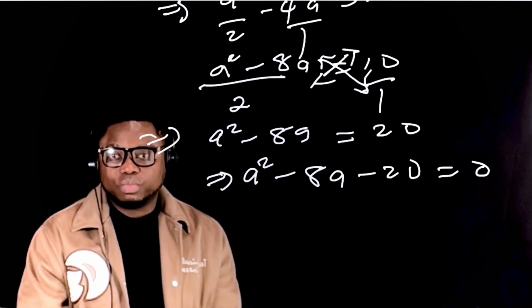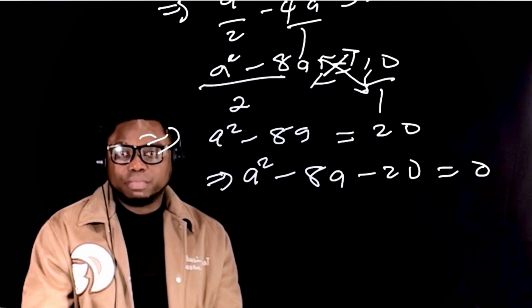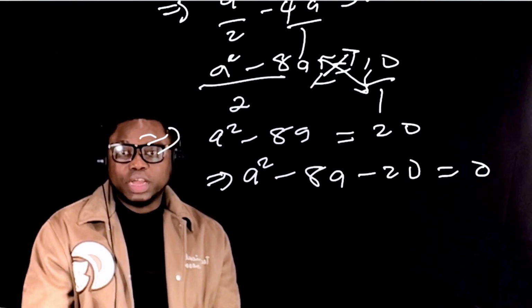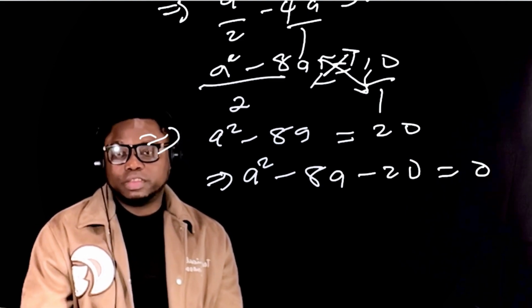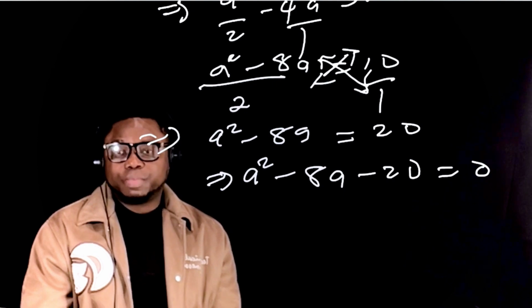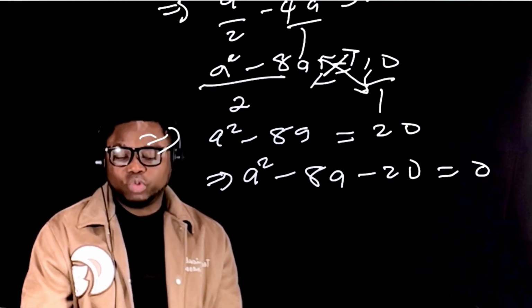What are these two numbers? I'm going to consider minus 10 and plus 2. When I add minus 10 to plus 2, I have minus 8, but if I multiply minus 10 by 2, I have minus 20.